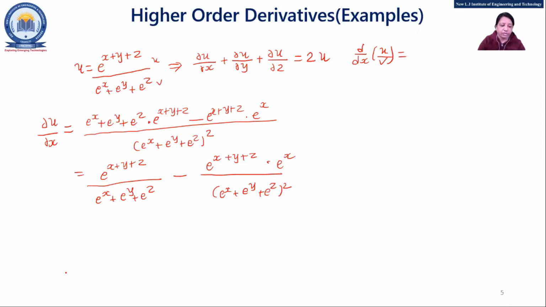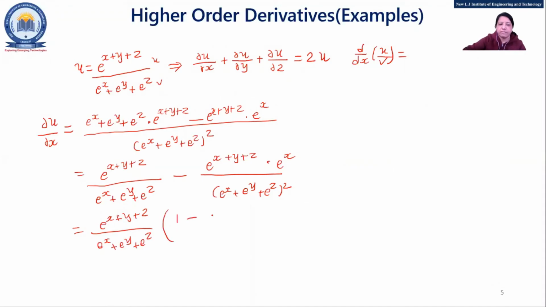Any doubt into this? Now this can be a common thing. So what is remaining there? E raised to x plus y plus z upon e raised to x plus e raised to y plus e raised to z common.